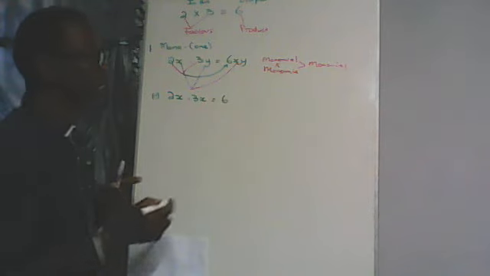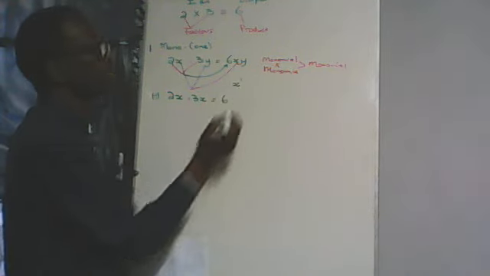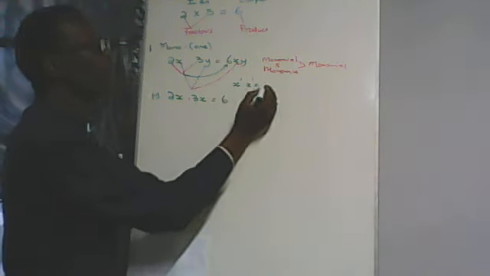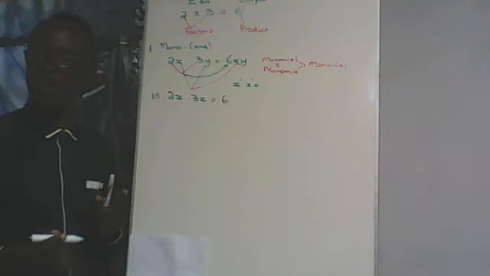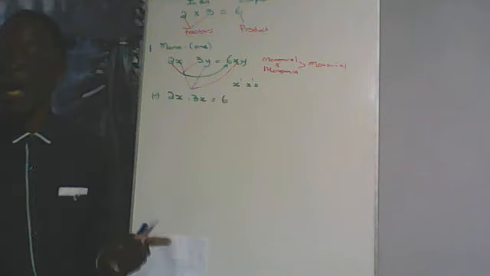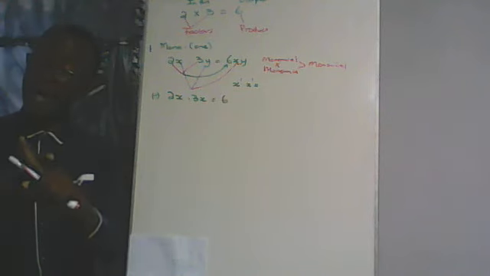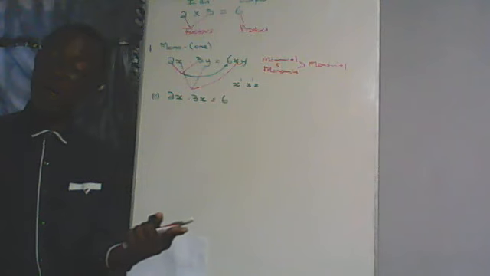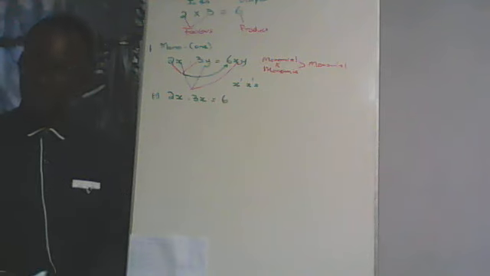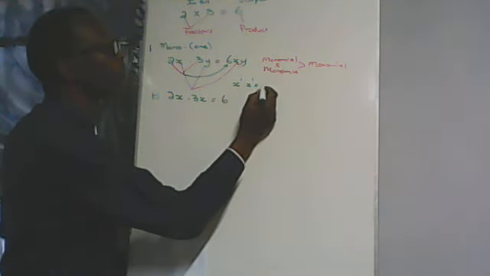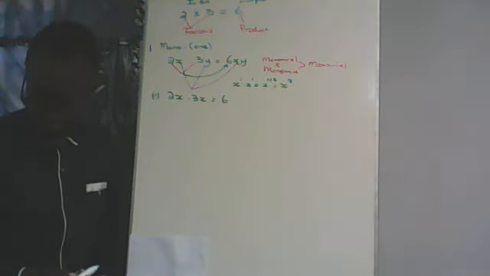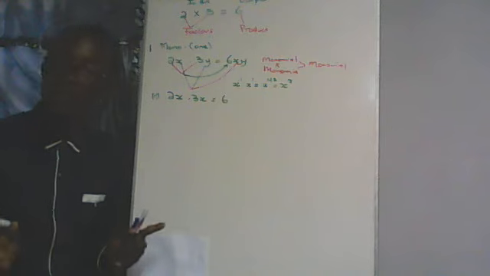Now, x is the same as x to the power 1, multiplied by x to the power 1. The first law of exponents says when you multiply powers of the same base, what do you do to the exponents, guys? You add. So this will be x to the power 1 plus 1, and that gives you x to the power 2, guys.